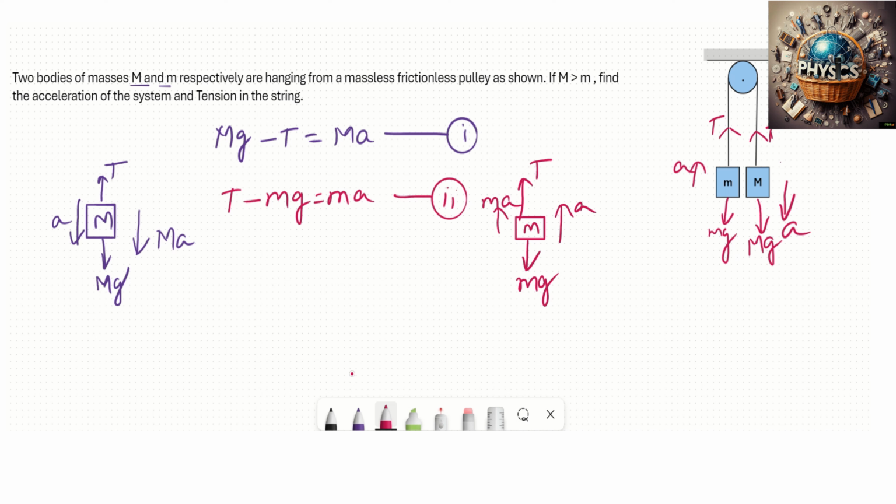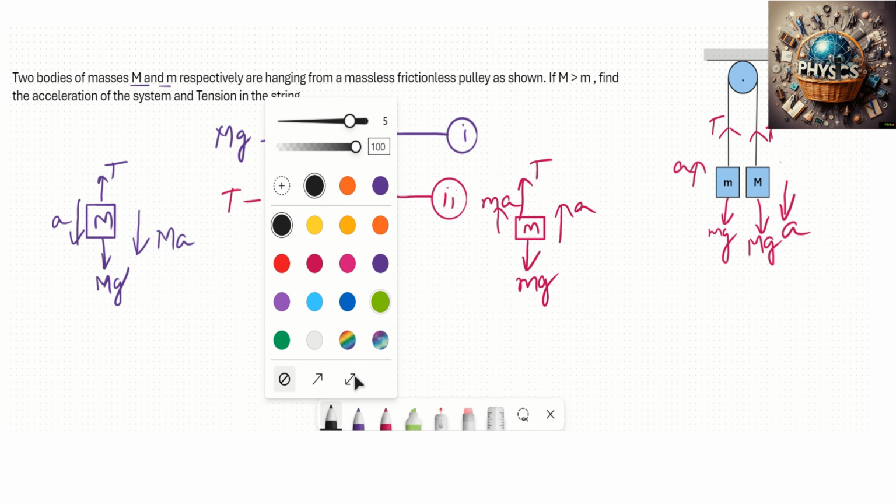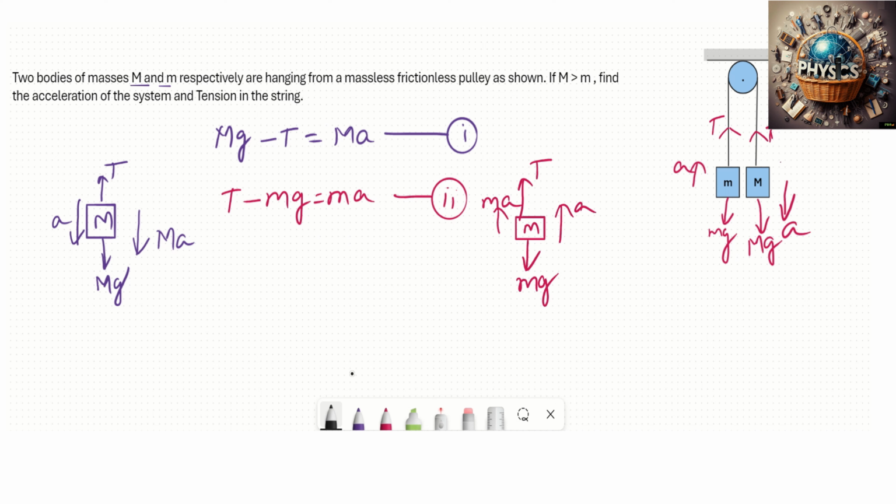If we simply add these two equations, we get capital M minus small m into g is equal to M plus m into a.